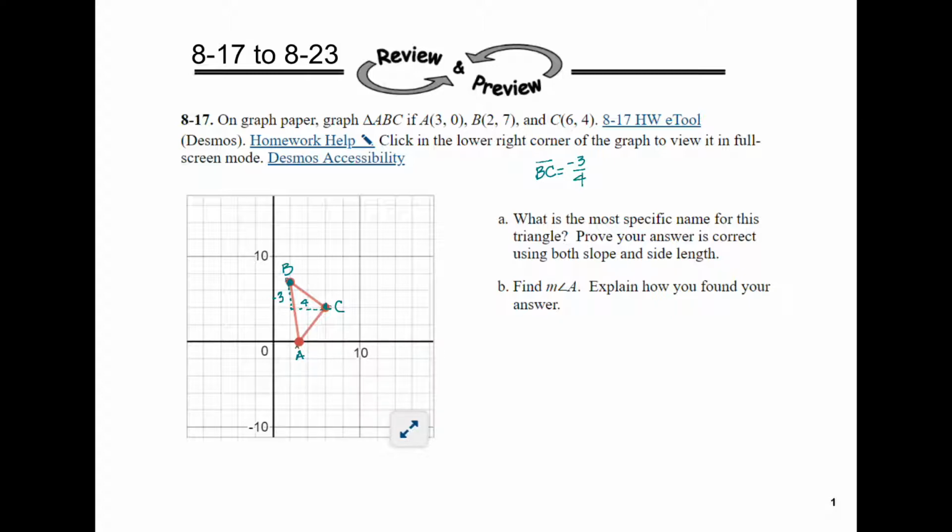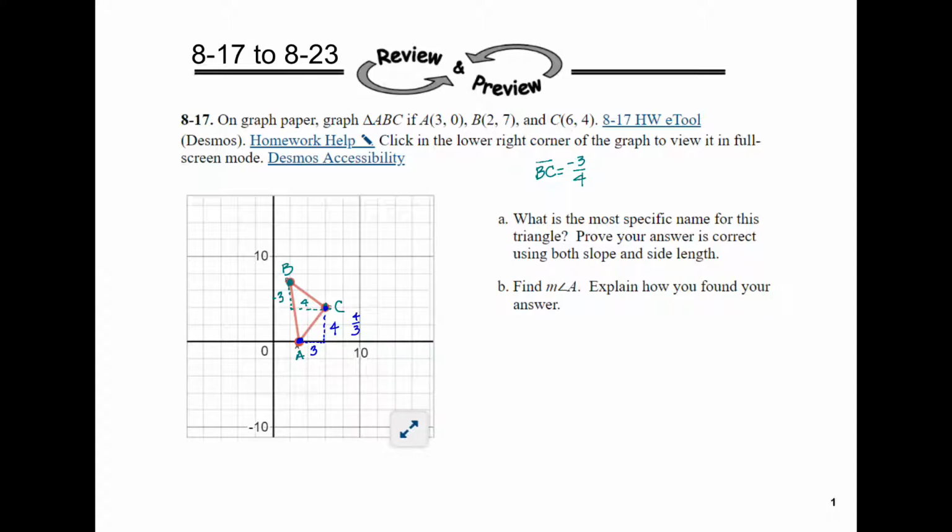When we look at line AC, if we go from point A, remember we always read from left to right, I notice I run 3 and I rise 4. So my rise over my run is 4 over 3.